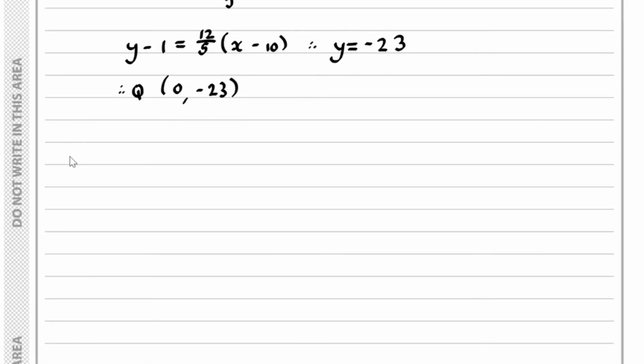And so therefore PQ is equal to 35 plus 23, which is equal to 58. And that's exactly what I wanted to show.